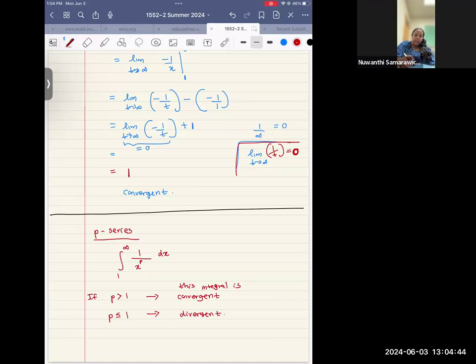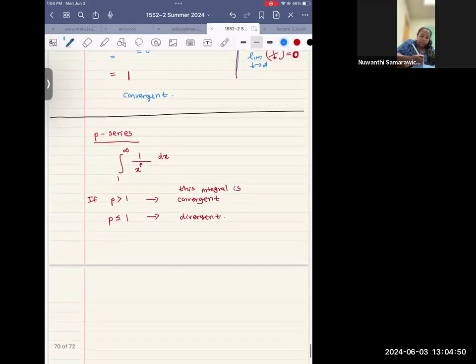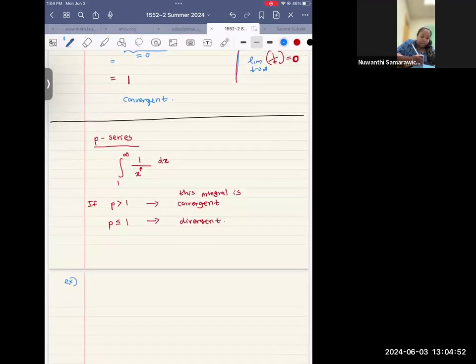You can see this from the examples we did, example 1 and 2. In example 1, p is equal to 1: we found the integral from 1 to infinity of 1 over x dx to be divergent. So whenever p is equal to 1 or less than 1, that integral is divergent.